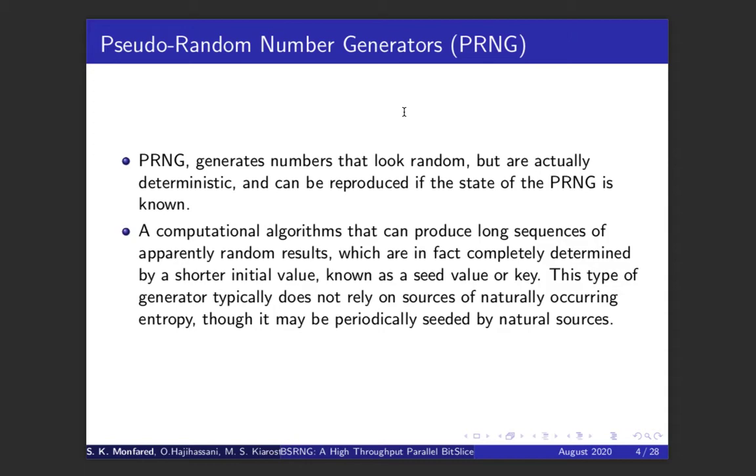They typically do not rely on sources of naturally occurring entropy, although they might be periodically seeded by natural sources, so you could have a combination of true random numbers with the PRNG, right?